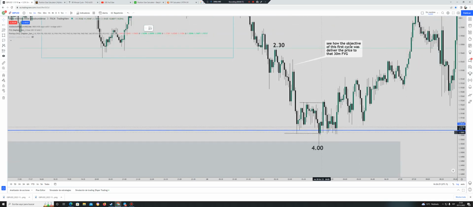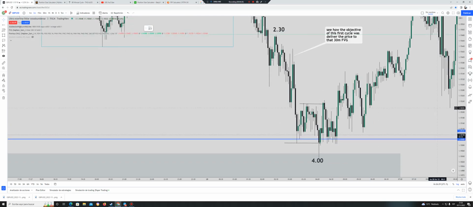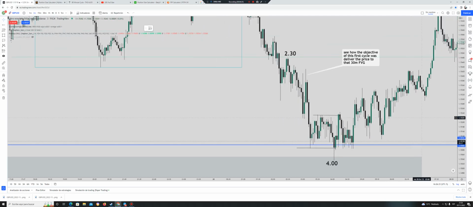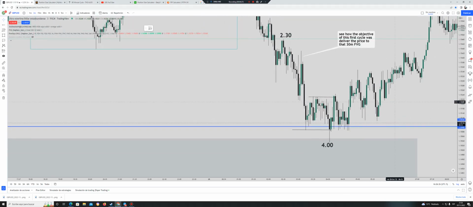4 in the morning, the second liquidity cycle is starting, and like I told you in the chapters before, we wait 30 minutes to collect information to see a sweep or a break in the structure. We wait 30 minutes, we can see price sweeping this low, coming to the fair value gap, exactly at 4.